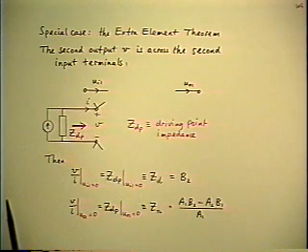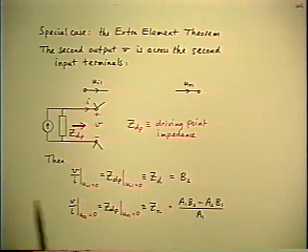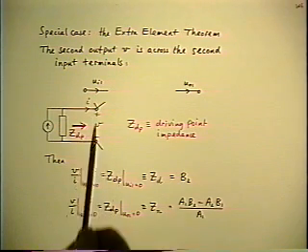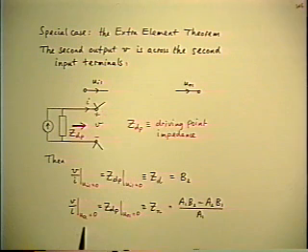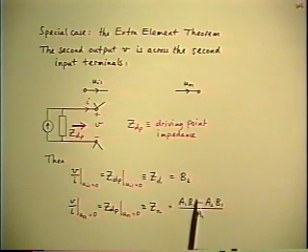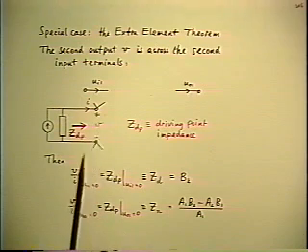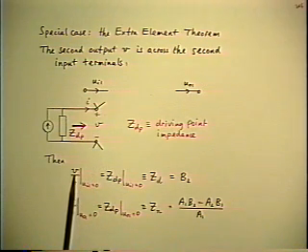The algebra is still the same. And I get two different answers for V over I, depending on what the other input is doing. Same two answers in terms of the A and B coefficients. The only difference is the interpretation of this ratio, this transfer function.